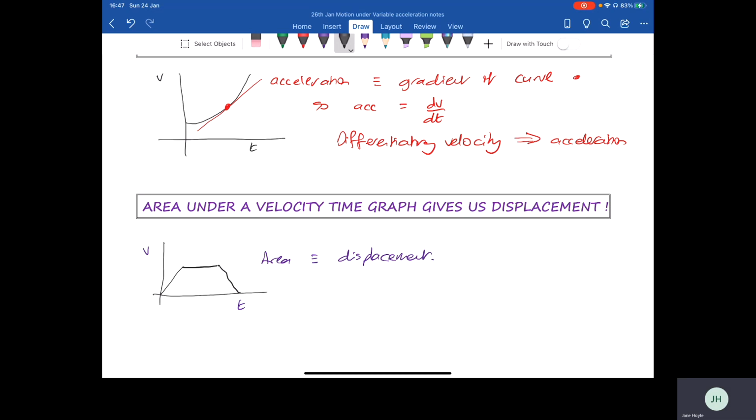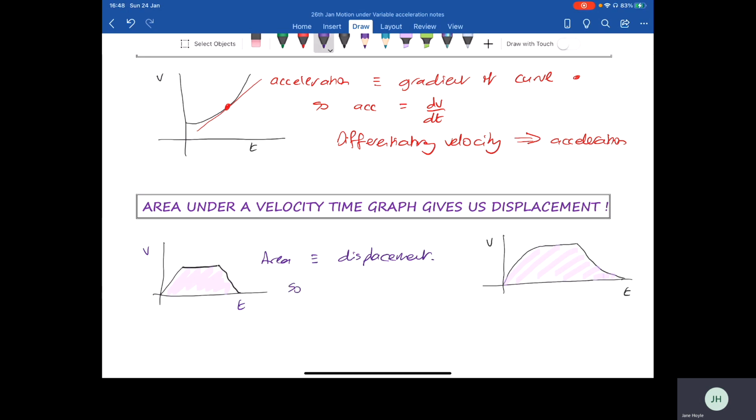So if we have a curved graph, let's do a bit of a straight line there, and then let's have it going a bit curved the other way. If that's a velocity time graph, again, it's the area. So it was the area here. It's the area here. Do you know how to work out areas under curves?